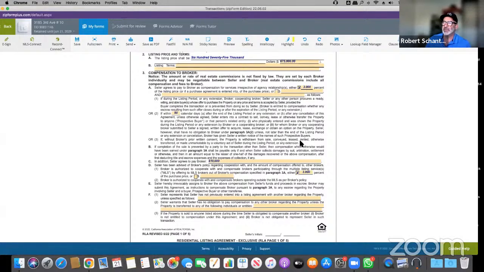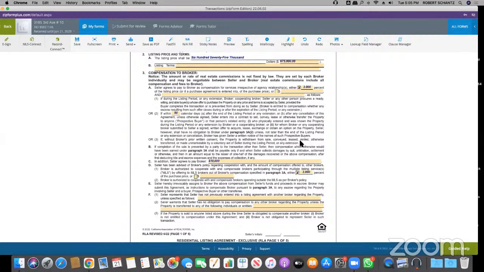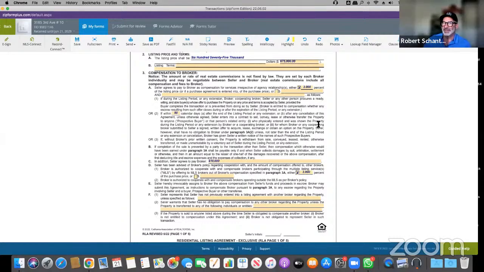Anybody want to take a shot? 6%. That means you're working for free. So don't make that mistake. Make sure that you get a contract signed with 6% as the full broker commission, and 3% you're going to give to the other side, half of it.